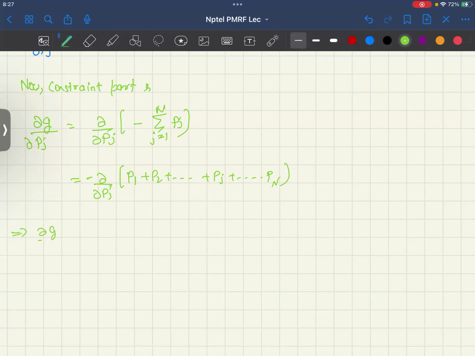This implies ∂g/∂pj is equal to minus 1. Let's call this expression 4.